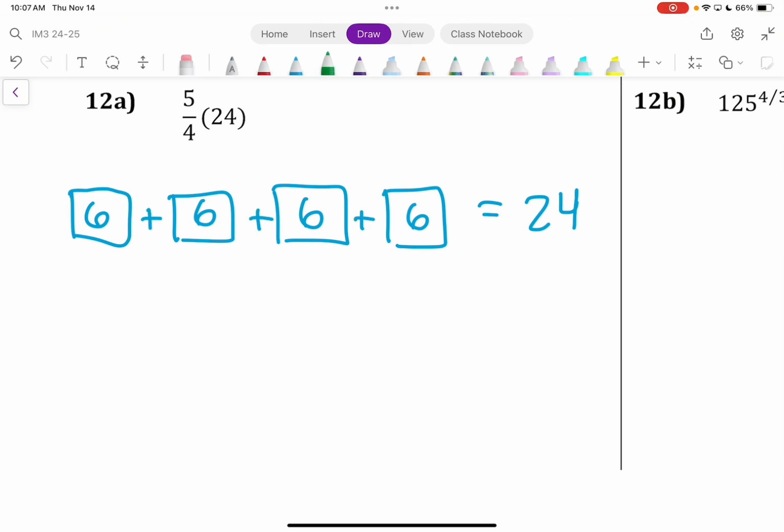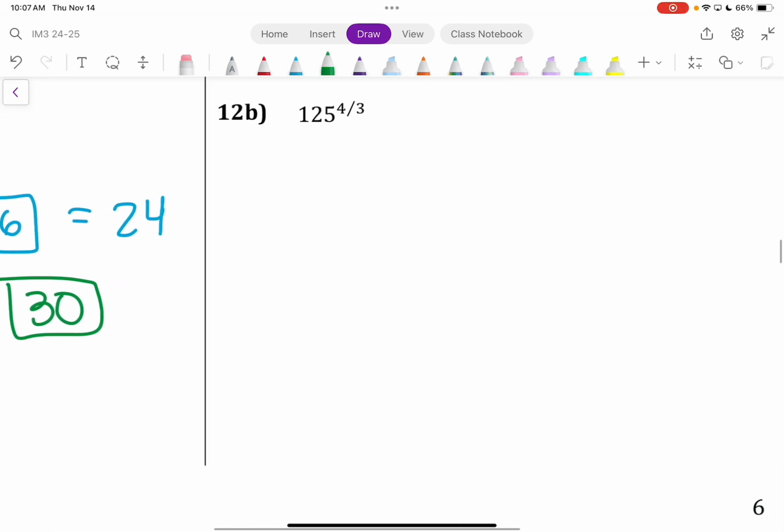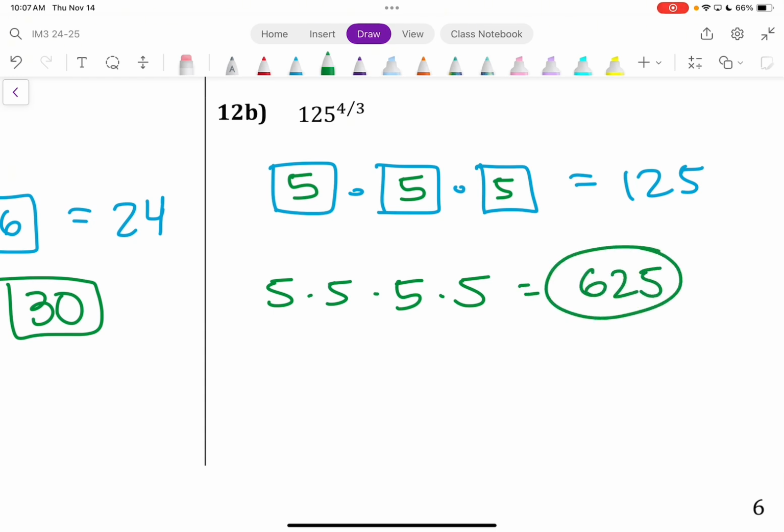If I have 5 of these, that's 6 plus itself 5 times, which is equal to 30. 12b. 3 groups that multiply to 125 would need to be made up of 5 in each group. 5 times 5 times 5. So a total of 4 times is 625. Final solution is 625.